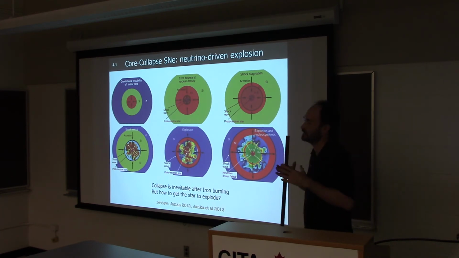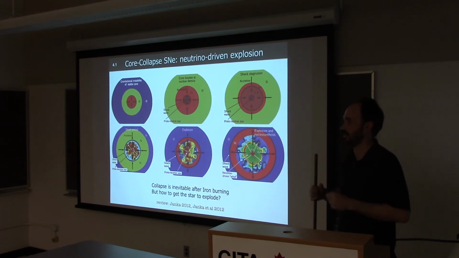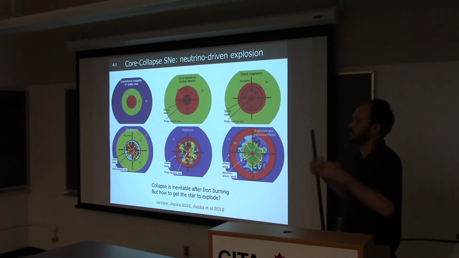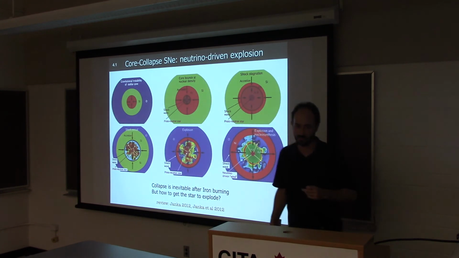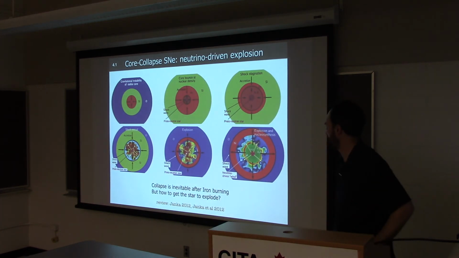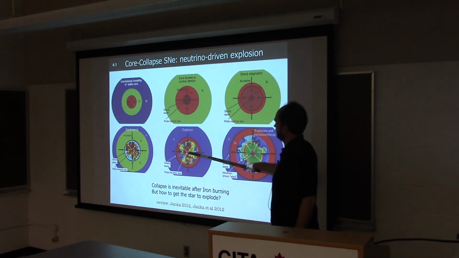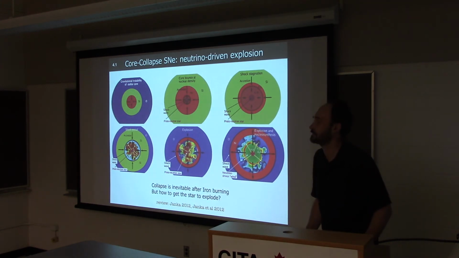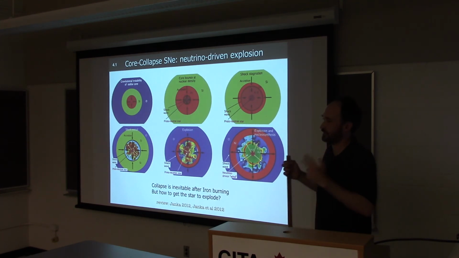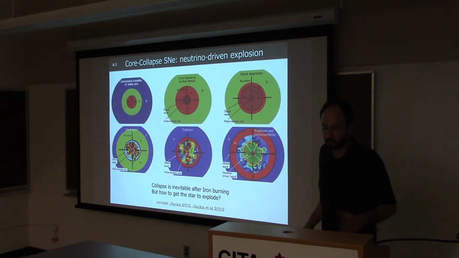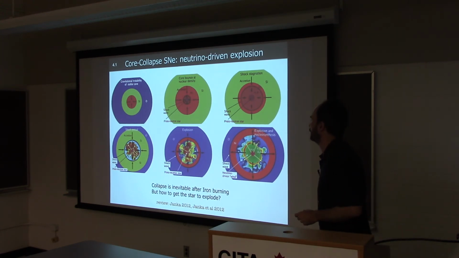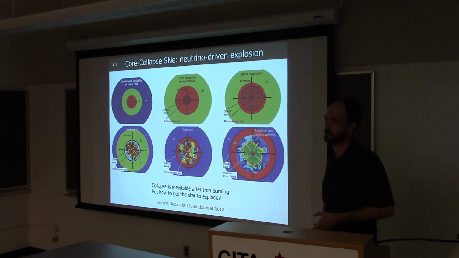So you need a way to revive the accretion shock so that it gets out and disrupts the star. You can check the reviews by Janka to learn about the latest developments. A key ingredient is asymmetries caused by instabilities and turbulence, and to get the energy input to actually get an explosion, most people, not all, believe it's coming from neutrinos.